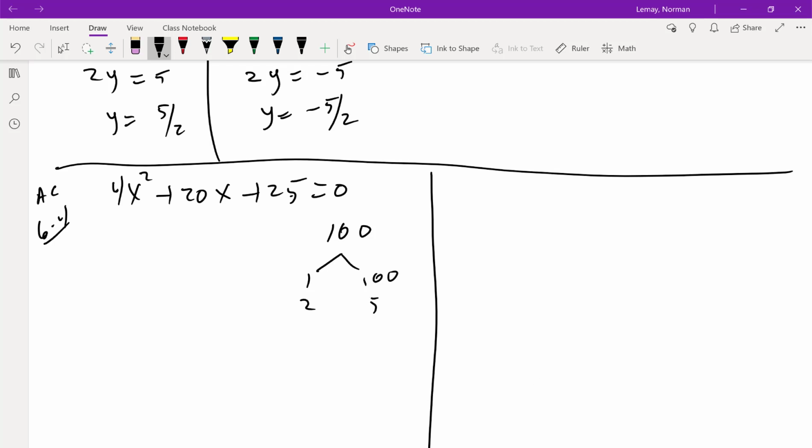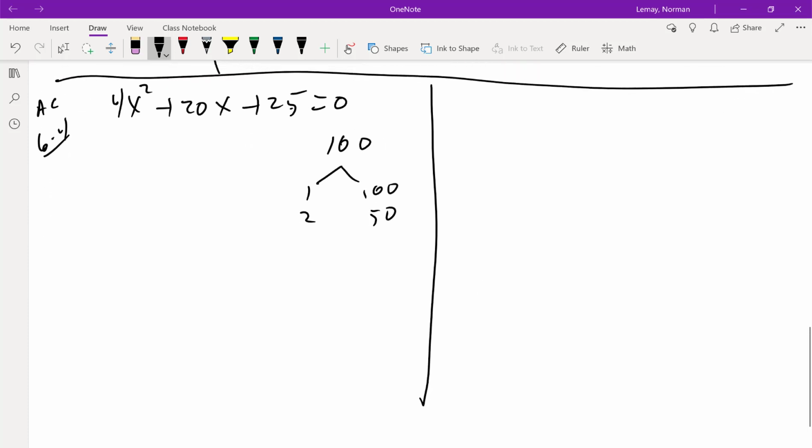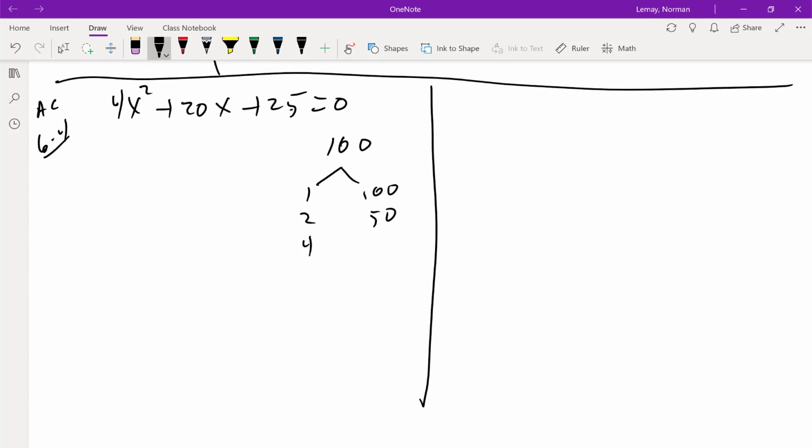Take 2 times 50, and that is obviously not going to add up to 20 either. Then 4 times 25 does not add up to 20. Then 5 times 20 adds up to 25, so that's not going to work. So then we get 10 times 10 is our last set, and notice that this does work.